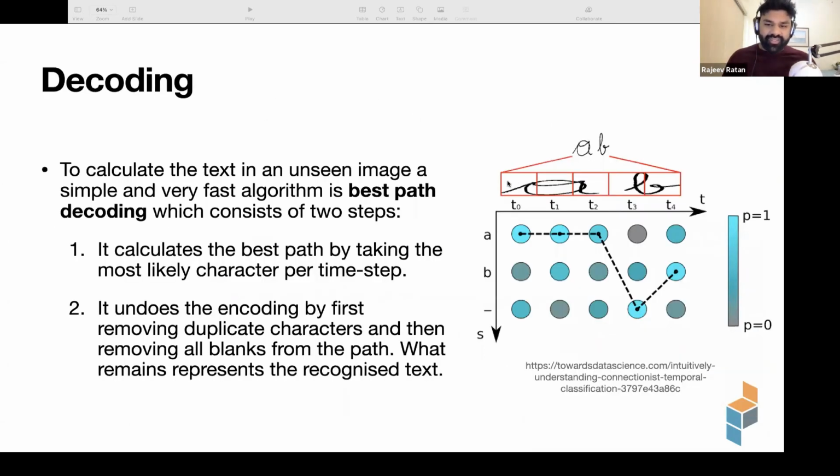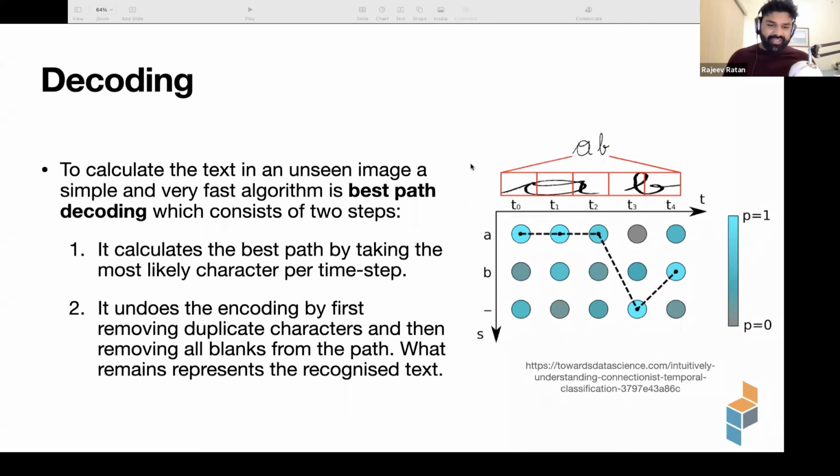So decoding, as I was explaining previously, this is just A and B, but you can see we have 5 time steps here. CTC tries to find the best path decoding, which consists of 2 steps.